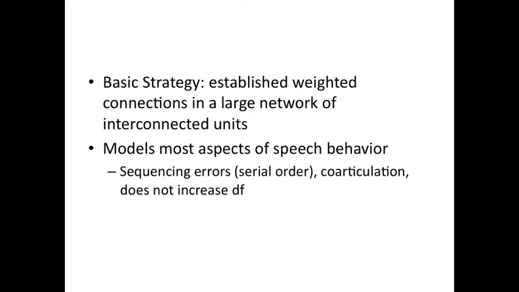Okay. It models most aspects of speech behavior. It talks about serial order, sequencing errors, it talks about co-articulation, it does not increase the degrees of freedom. So which means this model, connectionist model, addresses all three of those issues that a model should address: sequencing, co-articulation, and does not increase degrees of freedom.